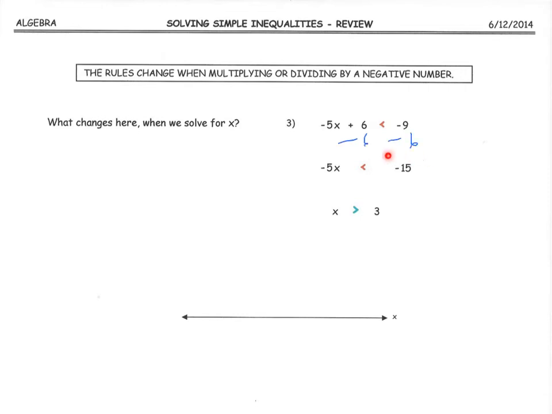That gives us negative 5x is less than negative 15. Notice that there was no change because we subtracted. The fact that negative 9 was negative, the fact that our subtraction involved using negative 6, the fact that negative 15 was the result of negative 9 combining with negative 6 doesn't change the inequality.